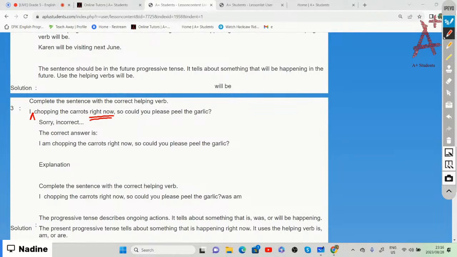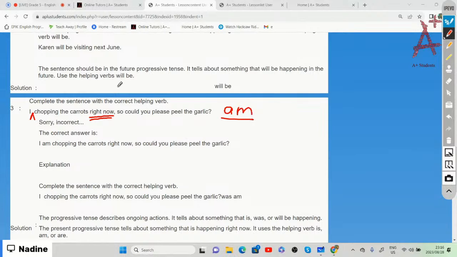So we are going to use is, am, or are, because those are the helping verbs that we must use within the present progressive tense. So, is it I is, I am, or I are? We can say I am.